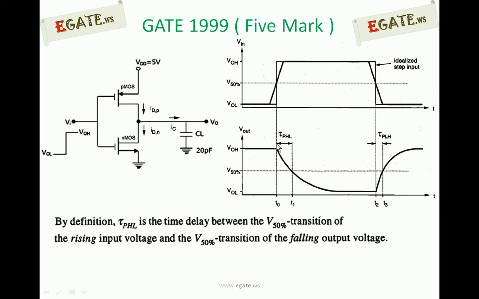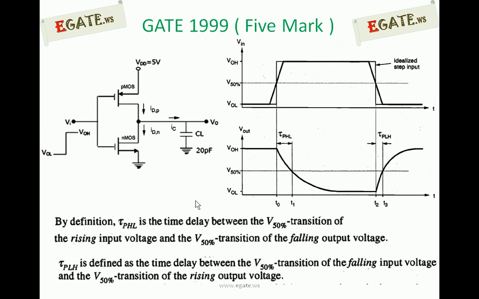Similarly, tau PLH is the time delay between the V50% of the falling input voltage and the V50% transition of the rising output voltage.